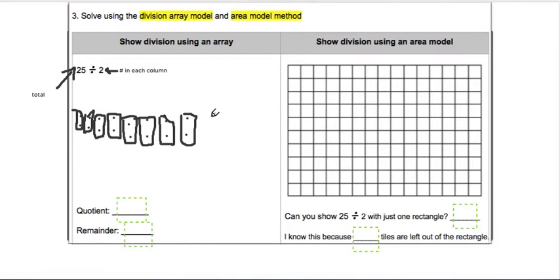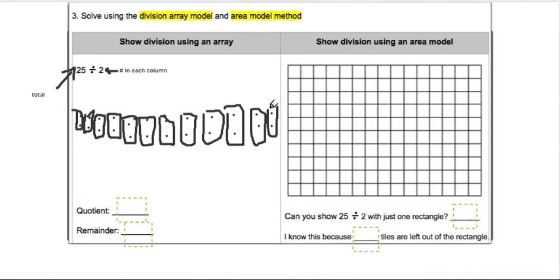Yeah, 16, so we can keep going. How many columns do we make? 11, which is how many? How many discs do we have all together? 22.